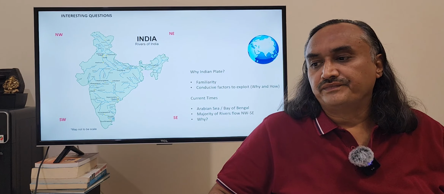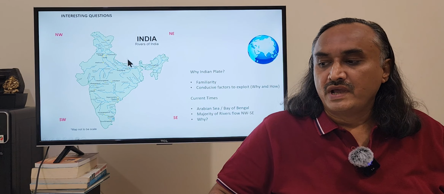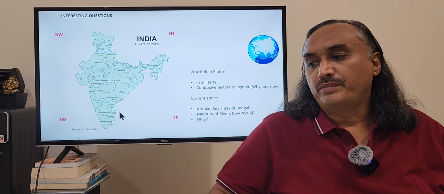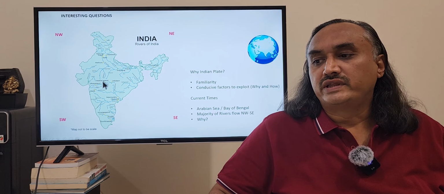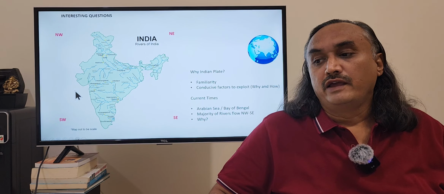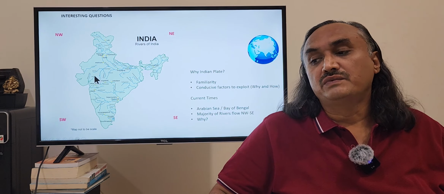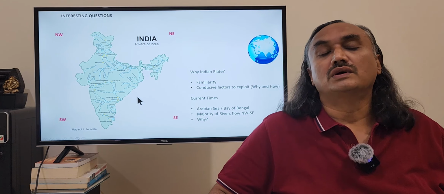And as you can see, the majority of the rivers on the Indian plate are draining into the Bay of Bengal. The Arabian Sea has only 3 or 4 rivers draining into it. If not for the local features, even these rivers would have drained into the Bay of Bengal.